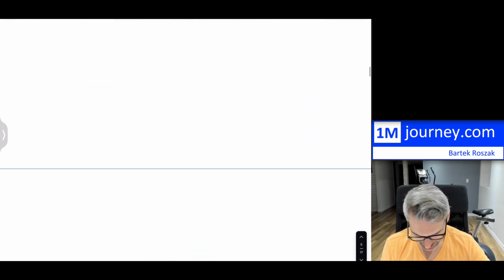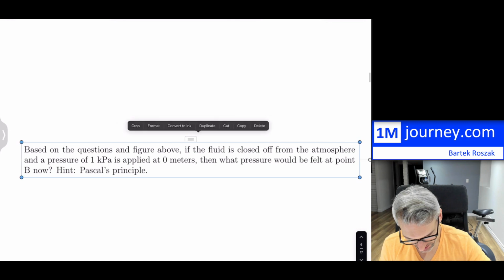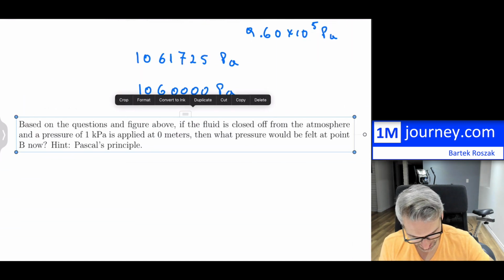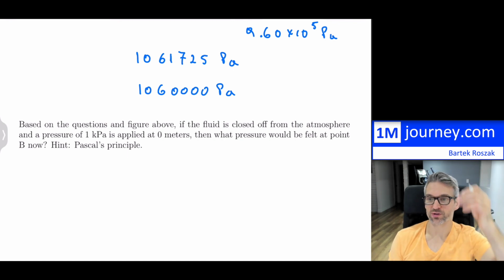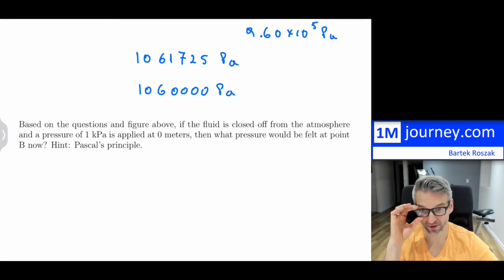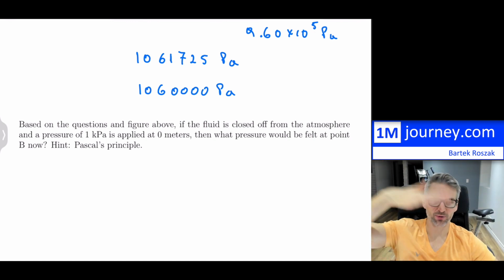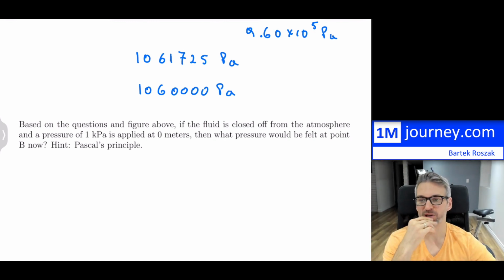And here is the last component, which deals with the same thing. Based on the figure, if the fluid is closed off from the atmosphere, so we literally close it off, and then a pressure of 1 kilopascal is applied at 0 meters.